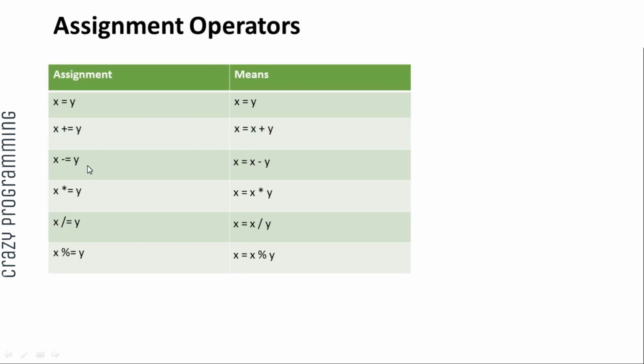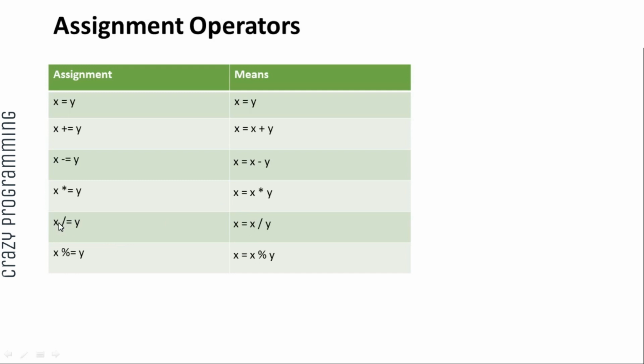And the second one, x minus equals y, means x equals x minus y, and like that it will follow the rule. x asterisk equals y means x equals x asterisk y, and x slash, that is the division sign, equals y, it means x equals x slash y, and like this we will use the modulus symbol. x modulus equals y means x equals x percentage sign, that is modulus, and then y.